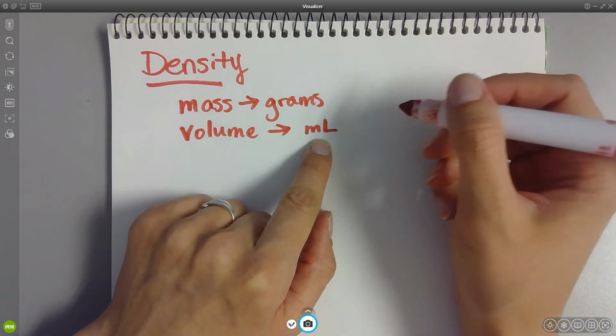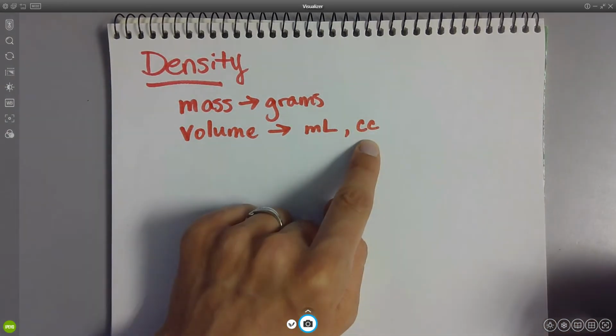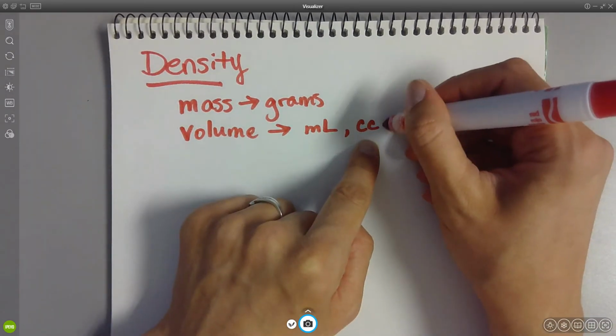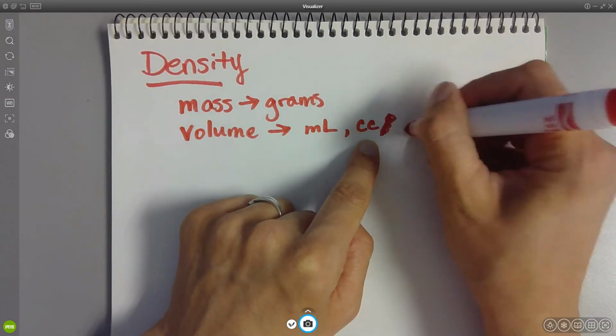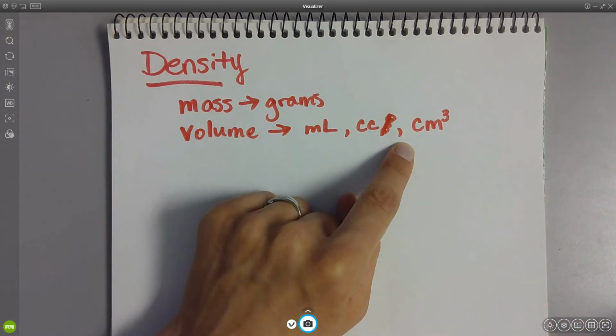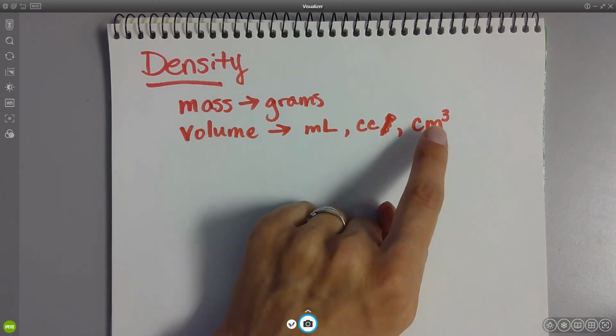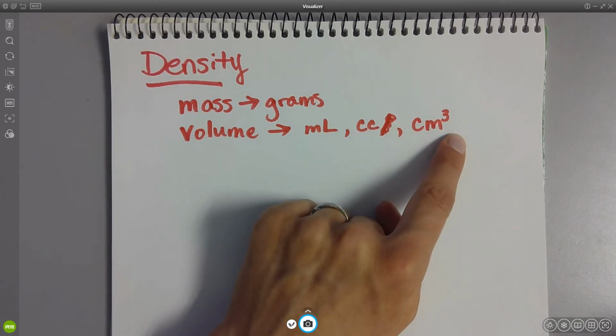We also could do another one that we'll see a lot, called cc. I want a comma there, not a slash. We'll see it written this way. Anybody know what that stands for? Cubic centimeters. So that's why it's cc, because it's centimeters cubed. Same thing.